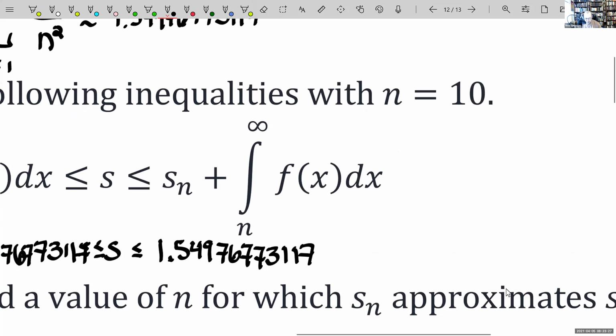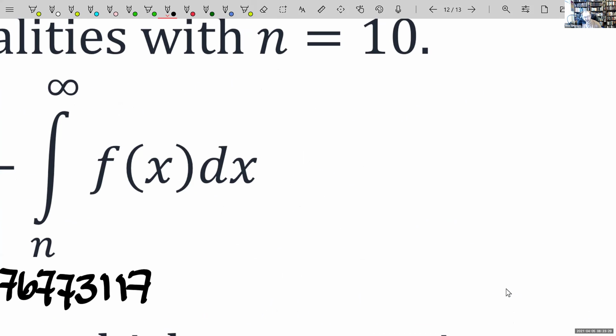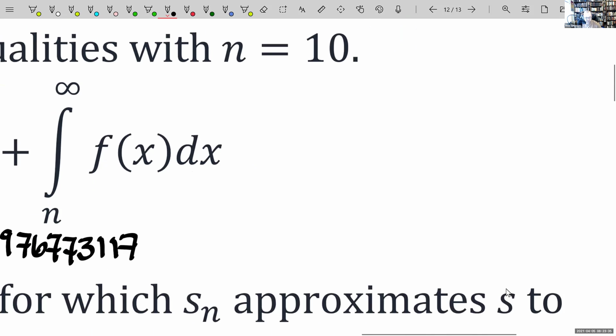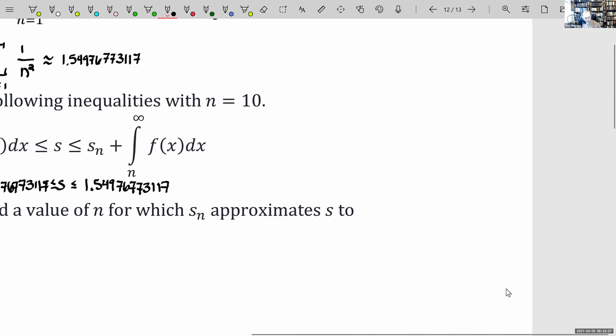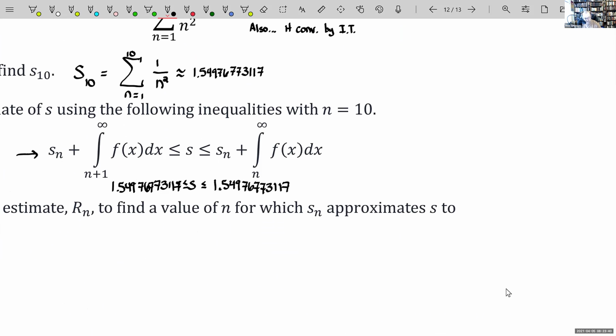But now we can evaluate the integral of the function related to the sequence from n to infinity and n plus 1 to infinity. And remember, in this case, n is actually 10.